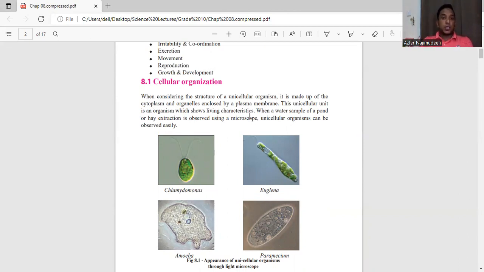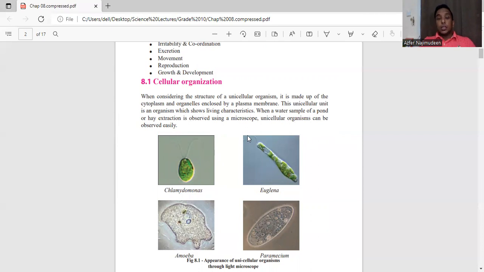When considering the structure of a unicellular organism, it is made up of the cytoplasm and organelles enclosed by a plasma membrane. This unicellular unit is an organism which shows living characteristics. When a water sample of a pond or hay extraction is observed using a microscope, unicellular organisms can be observed easily.